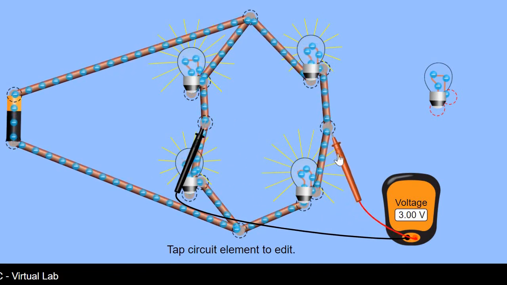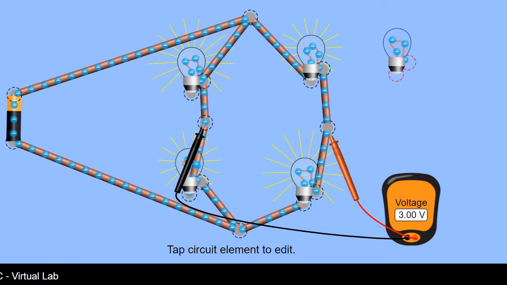Now our goal is to increase the potential difference between these 2 points. We can do that by decreasing the potential difference across this bulb, which you can do by connecting it in parallel to this. You can decrease the potential difference across this bulb by reducing the resistance of that branch.